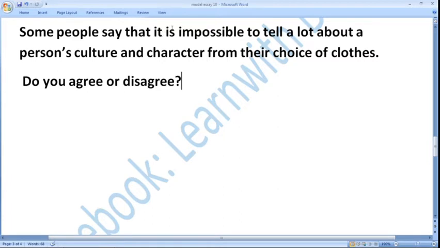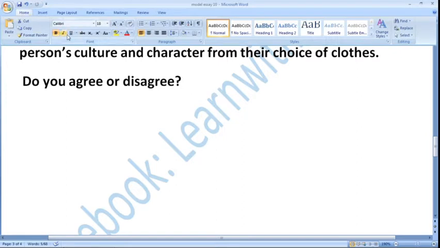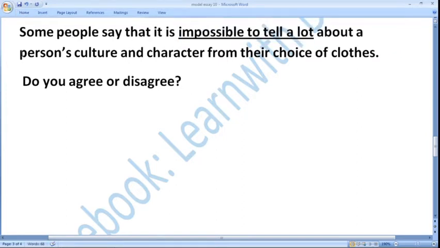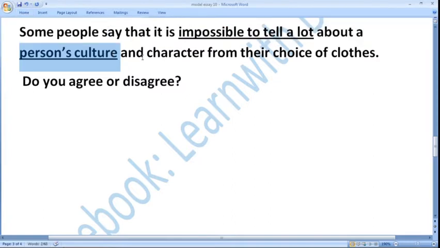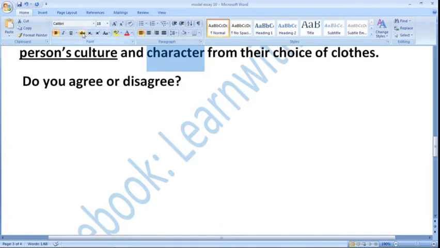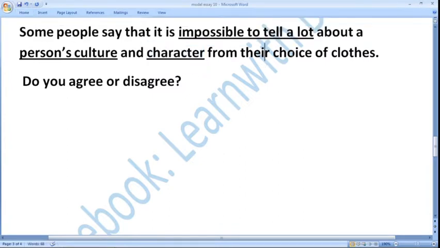It is impossible to tell a lot about person's culture and character. There are two things, culture and character, from their choice of clothes.